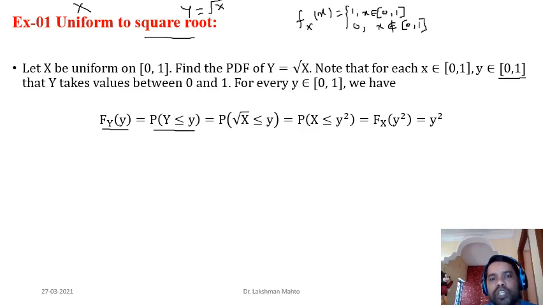So we directly express y in terms of x and do a little algebraic calculation. After that we see that the probability that y takes value up to small y is transformed into the probability that x takes value up to y squared. Here you can observe that this probability was expressed in terms of the random variable y, but after manipulation we observe that it is defined in terms of x.